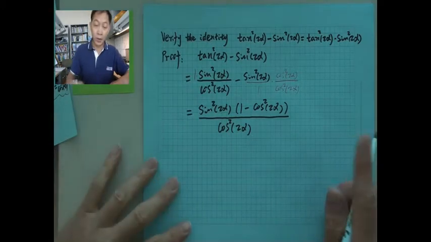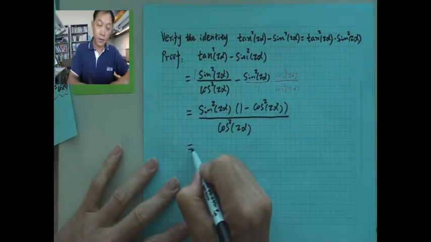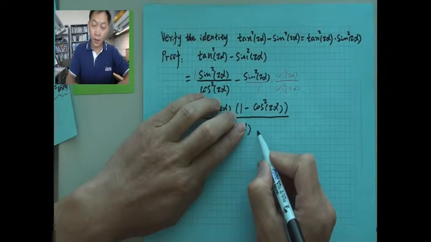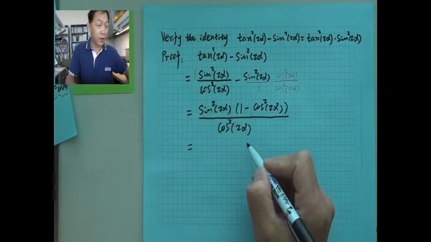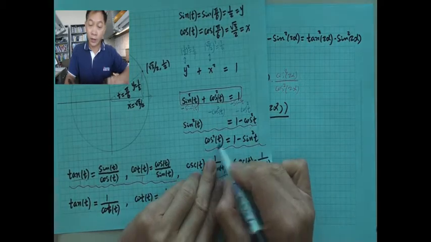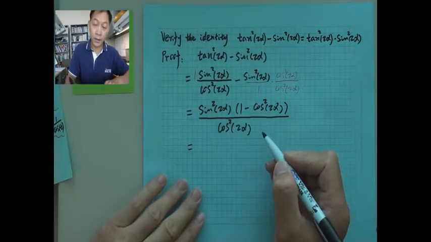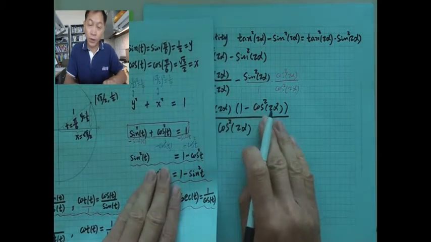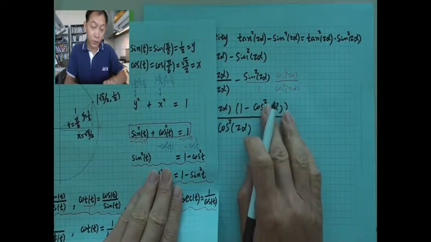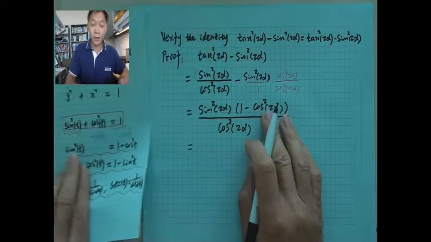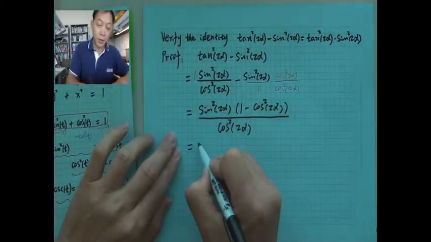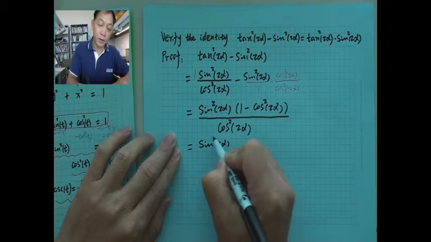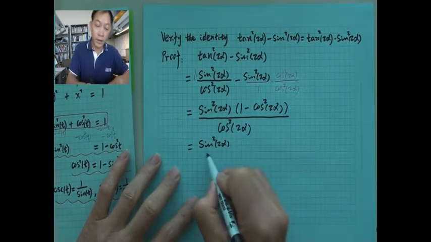So you may put it like here. You see, down here, 1 minus cosine 2 alpha squared is sine. So you copy this one, 2 alpha squared. You keep this one. Okay?